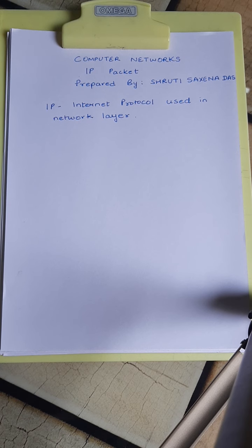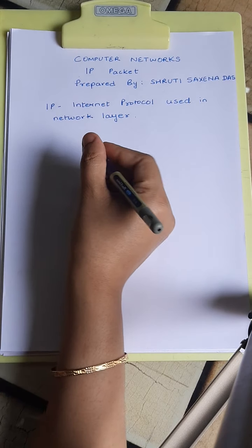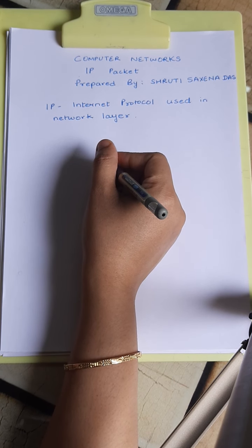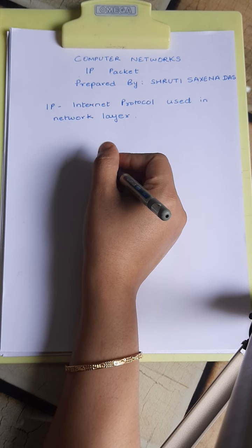IP stands for Internet Protocol and it is used in the third layer of the OSI model, which is the network layer. The basic purpose of this protocol is that it takes data from the transport layer, which is the fourth layer in the OSI model, and divides it into packets.